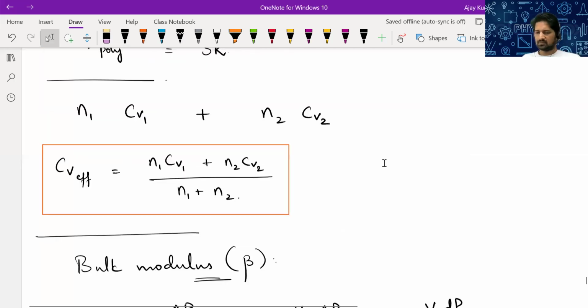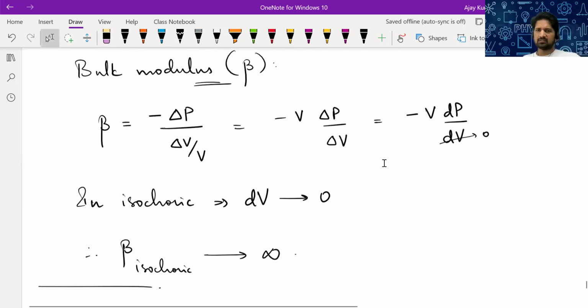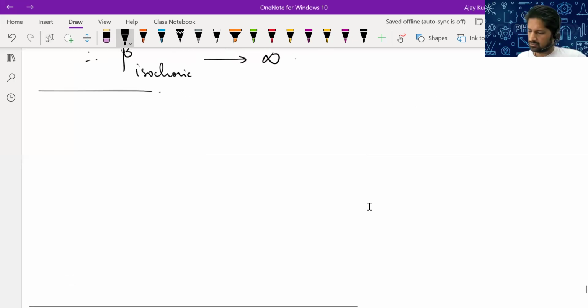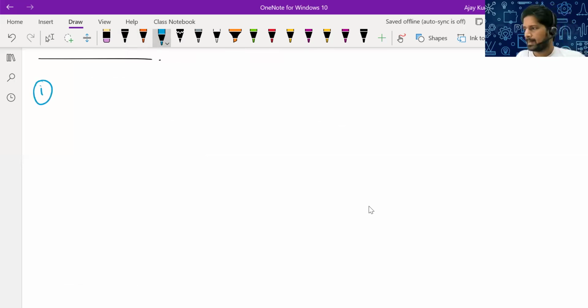So simple only, volume remains constant. Based on that, we discussed all the things that we do for any other thermodynamic process. Okay, let's solve a few questions based on this isochoric process. First one. Try this.